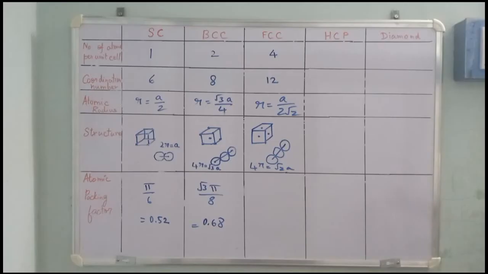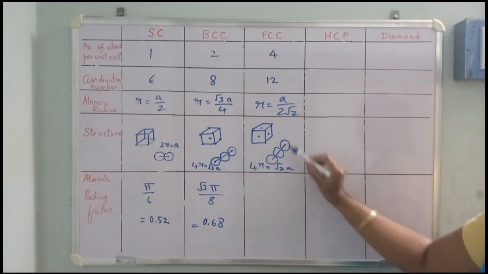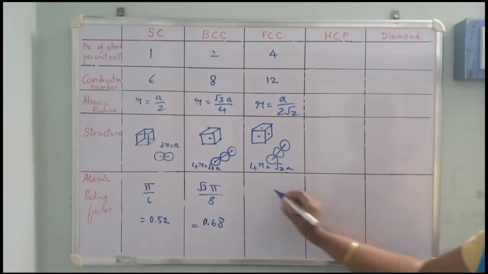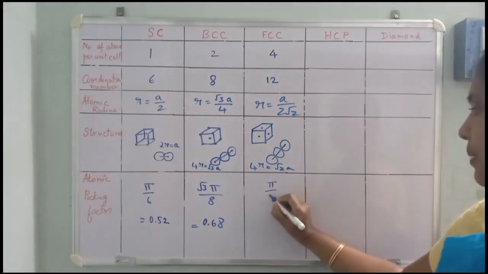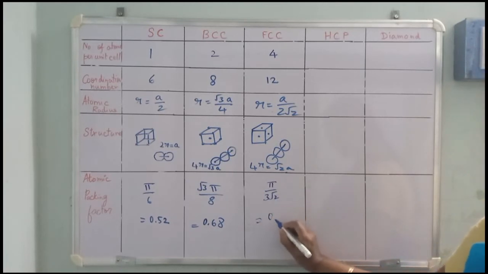And when you substitute the number of atoms per unit cell and the value of the atomic radius for calculating atomic packing factor, you would be getting the atomic packing factor to be equal to pi by 3 root 2, which is 0.74.